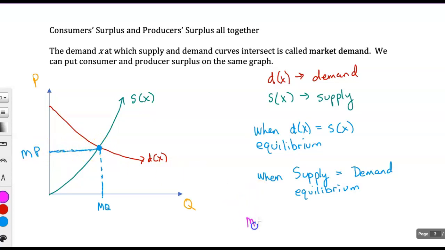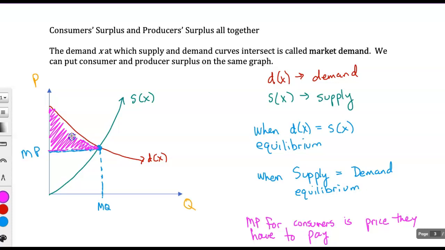So the market price for consumers is the price they have to pay. Okay, well, I have to pay this. I would have paid any of this, right? So I would have paid a whole heck of a lot more this whole time, right?